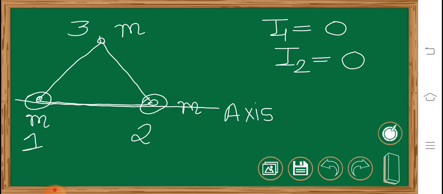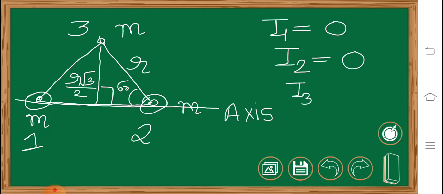And this third particle, the perpendicular distance of this particle will be as shown. If this is r and this is 60 degrees, so this distance will be r sine 60, which means root 3 by 2. So I3 will be equal to m into r root 3 by 2 square.